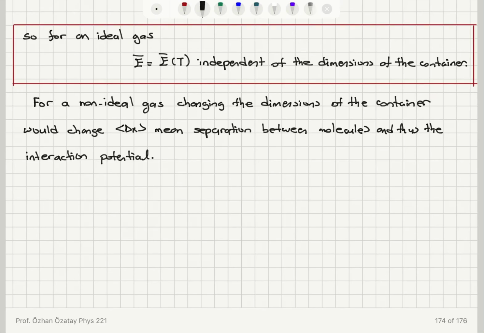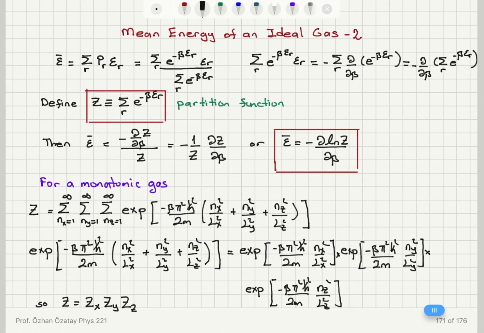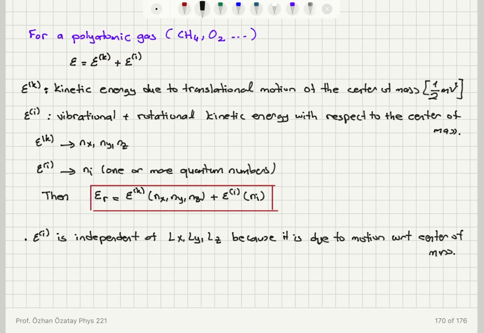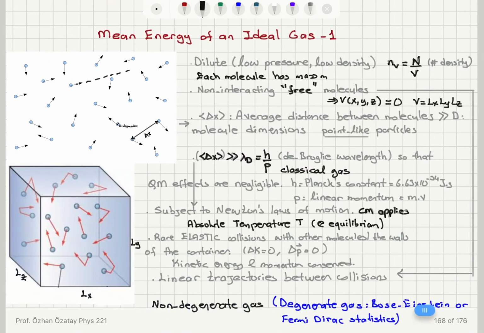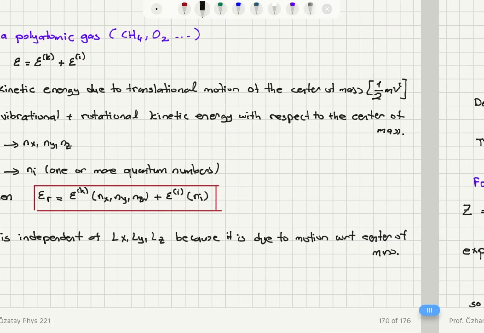So for the ideal gas, if you remember, we have no interaction between molecules, free molecules. The potential energy term was 0. So we only consider monatomic gas, translational kinetic energy, polyatomic gas, plus the vibrations and rotations with respect to center of mass.